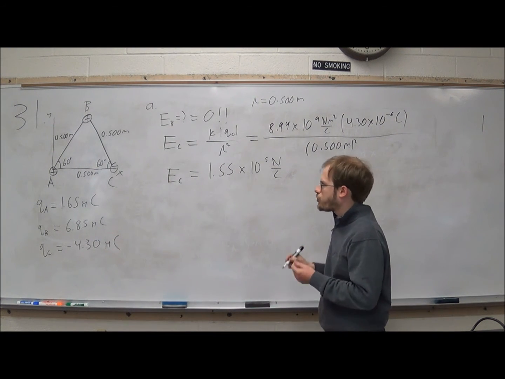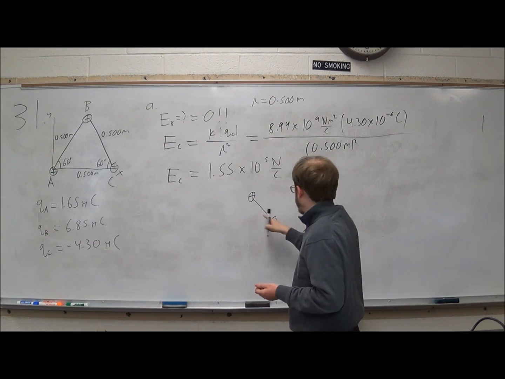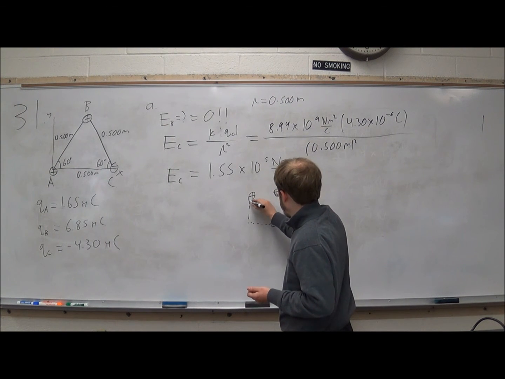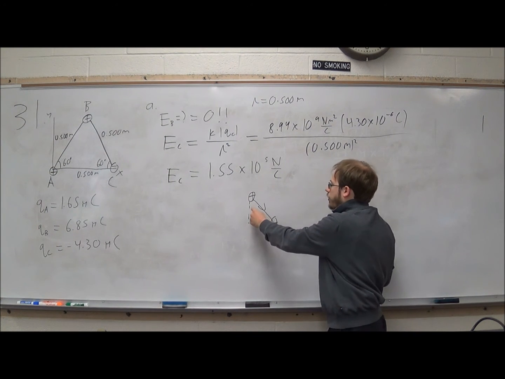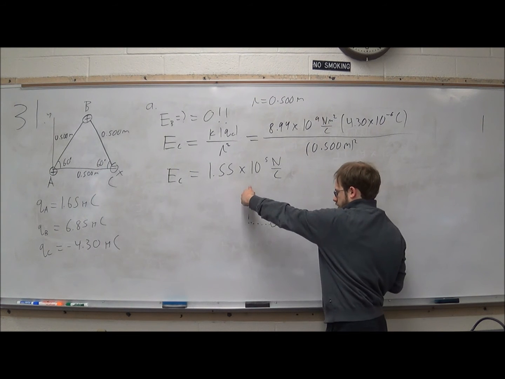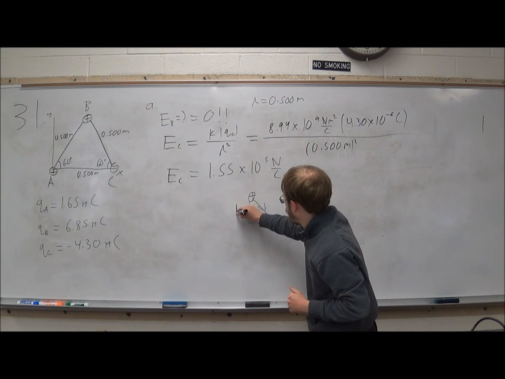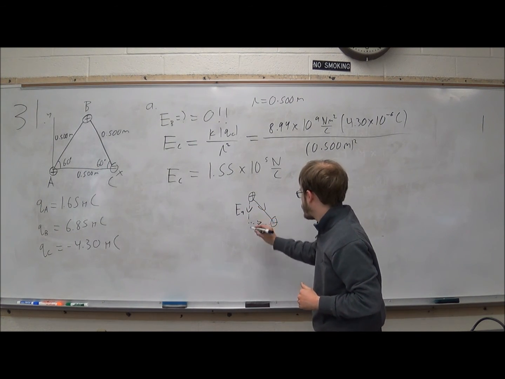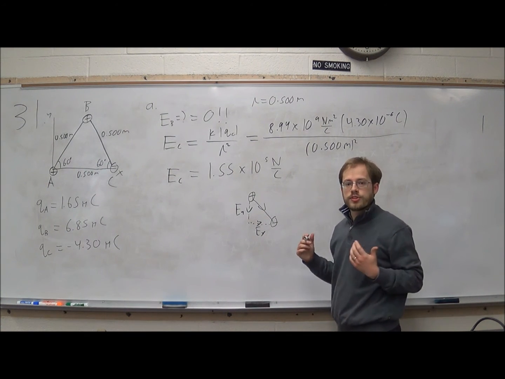Same as before, let's draw a little picture here. Our charge B and charge C. Notice the electric field will be going in this direction. Remember, the electric field flows into a negative charge, so it's going to be directed this way. The y component is directed downward, and the x component is directed along the positive x-axis. Let's figure out what these components are.